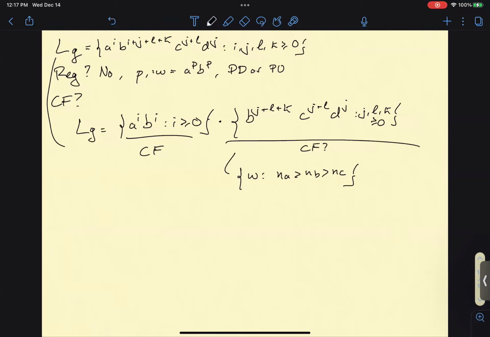Yeah, thank you, Charlotte. Okay, well, it doesn't really make a difference if you have greater or greater-equal, so this is also not context free. And then it doesn't matter what you call the letters, so you could say B, C, and D.